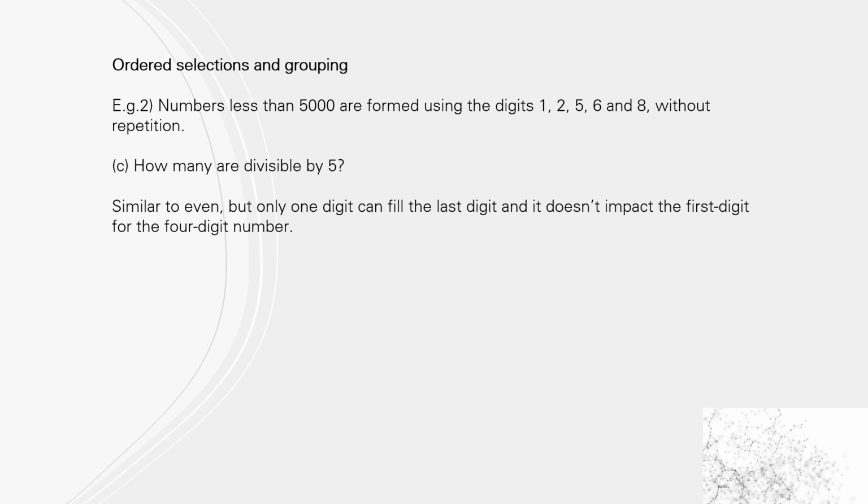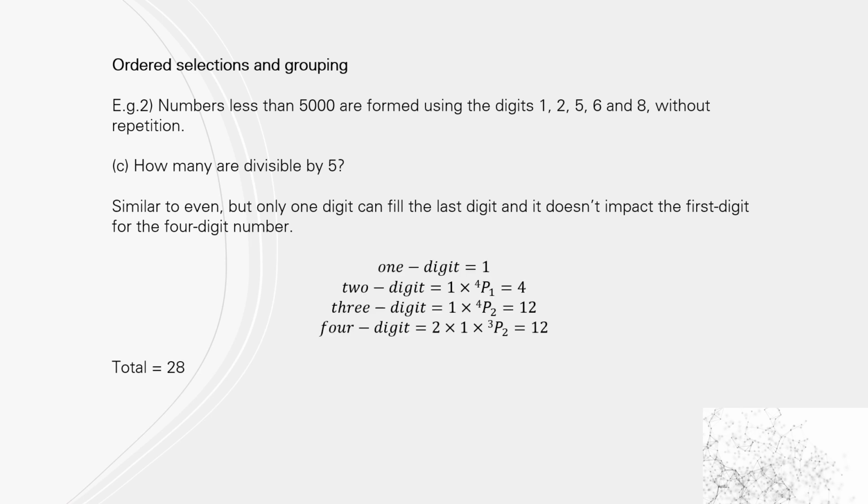So we don't need to do what we did in the even one and separate them because the 5's bigger than 5,000 anyway. So this was the example that I was referring to where we can have a group of just 1 number. To be divisible by 5 using these numbers, it must end in 5. So it's a group of 1.